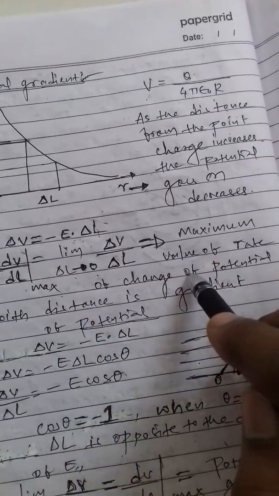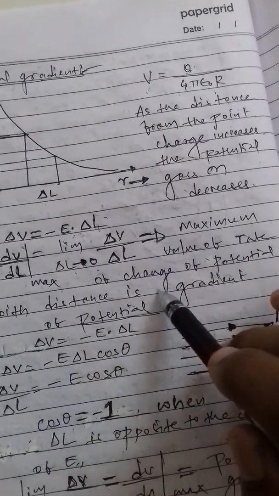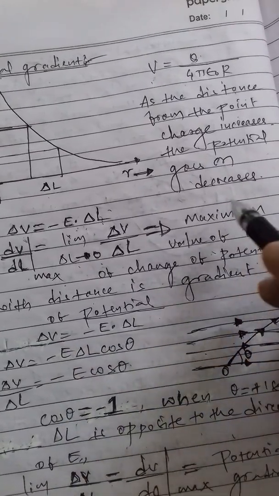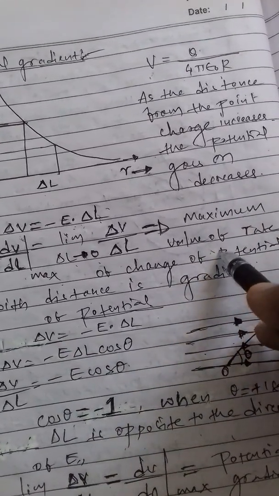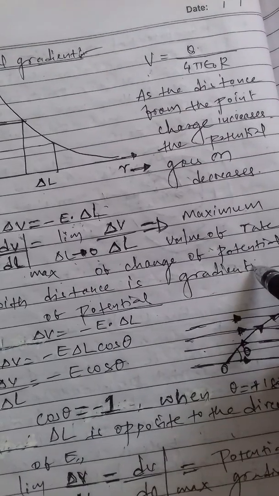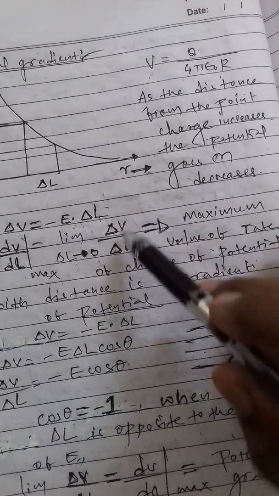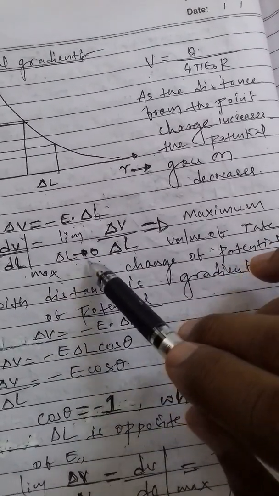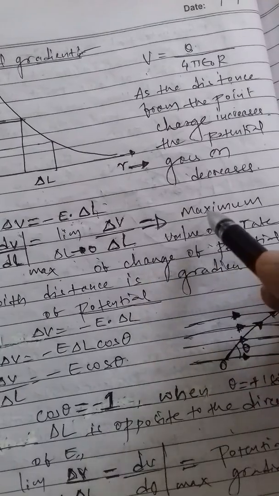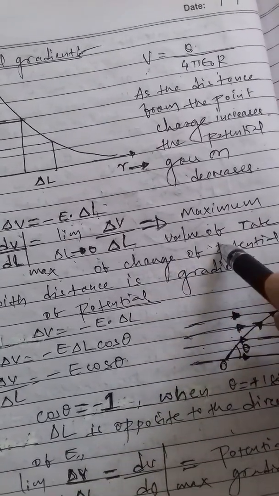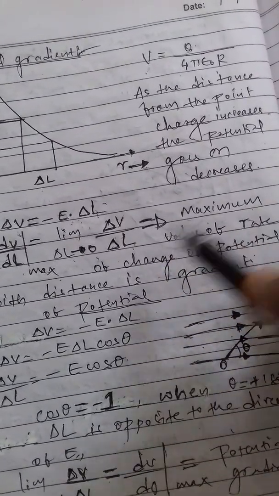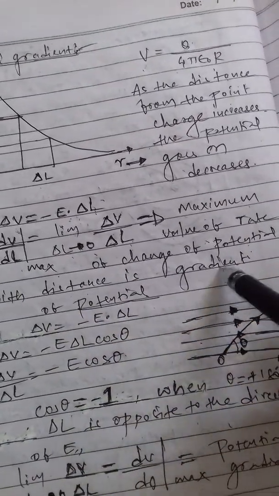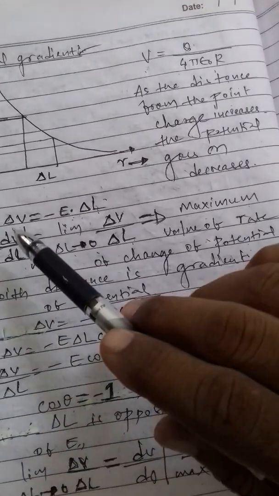That is, the maximum value of the rate of change of potential with distance is known as the gradient of potential, that is dV by dl.